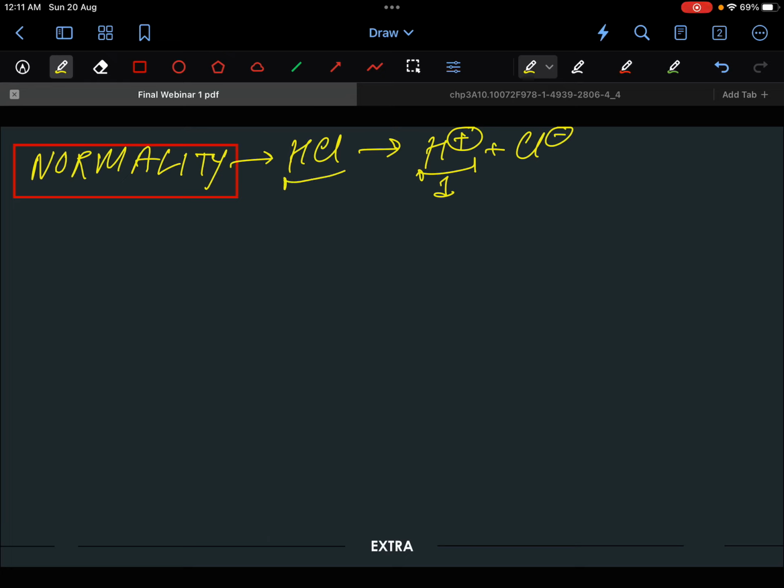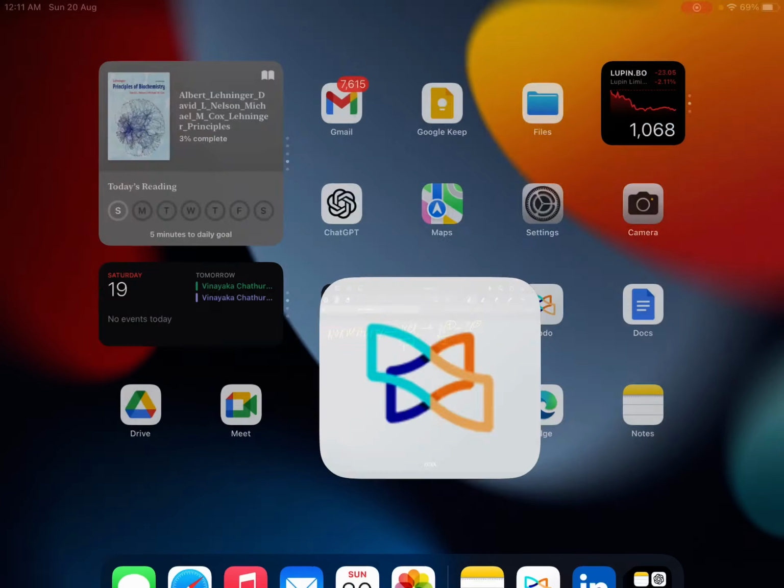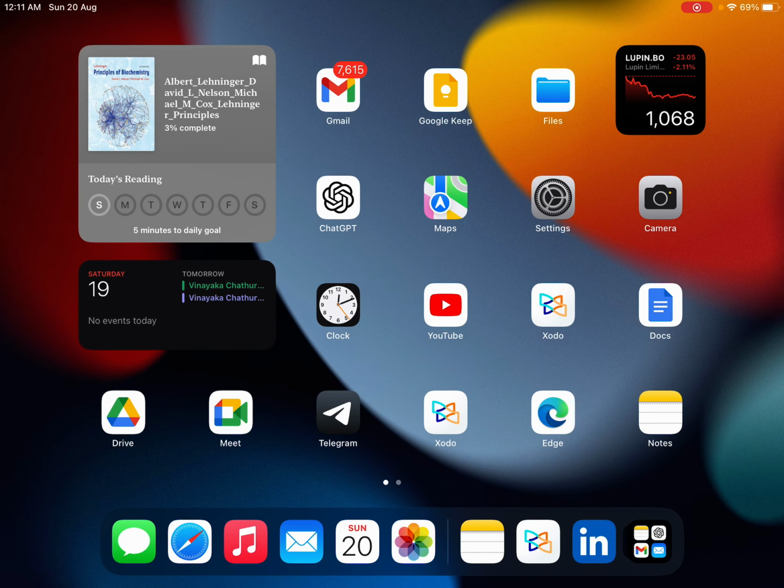So what is the molecular mass of this? The molecular mass is 1 plus the mass of chlorine. I think it is 37. Let me check.